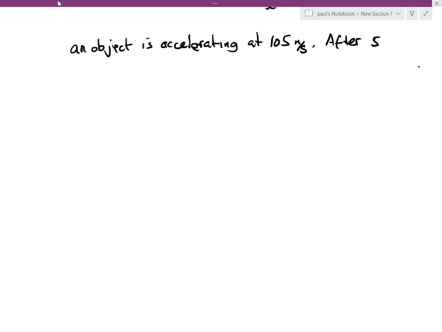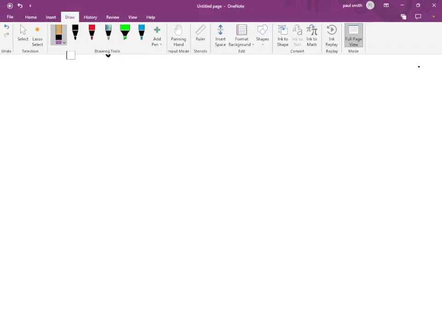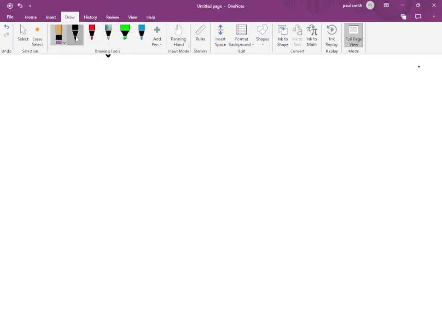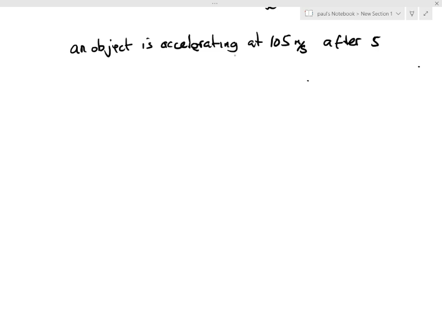Oh no, that's all one sentence, isn't it? So after 5 seconds. Meters per second means it's increasing. The acceleration is increasing. So you're going to have the velocity. There's a speed and the time here. So it must be something that when it started and then it's going woo, something like this.